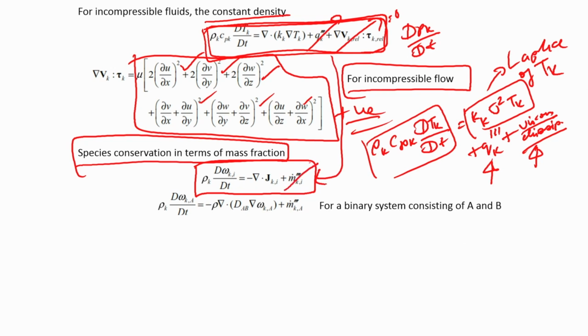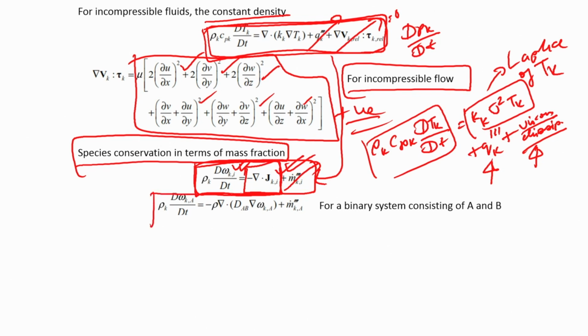Here, of course, we have the internal mass generation rate; if that is also equal to 0, then you have the species balance in a form that exactly looks the same as the energy equation. There is still the material derivative of the mass fraction; there it is temperature, here it is mass fraction, another scalar, and this is the corresponding diffusive flux.